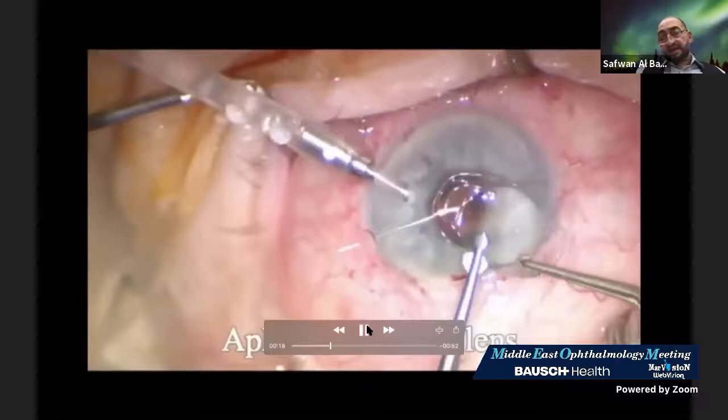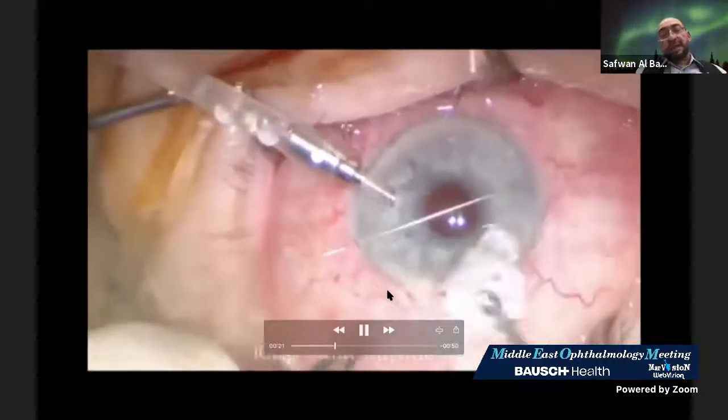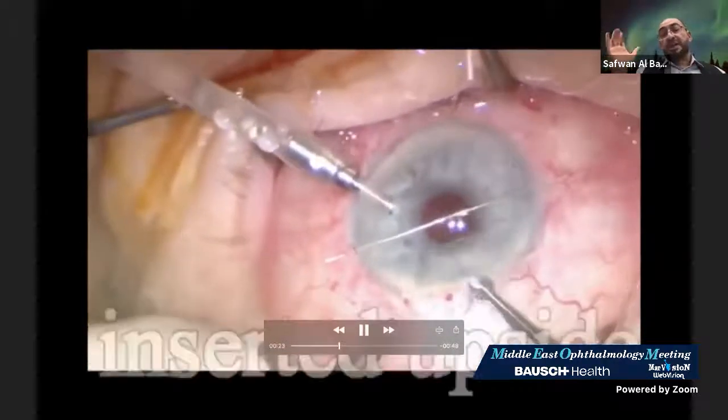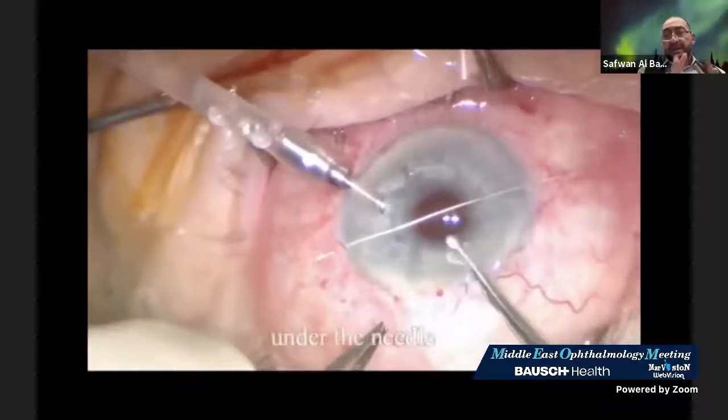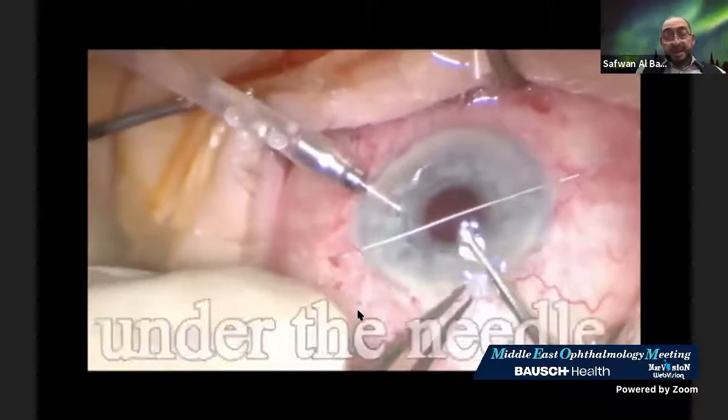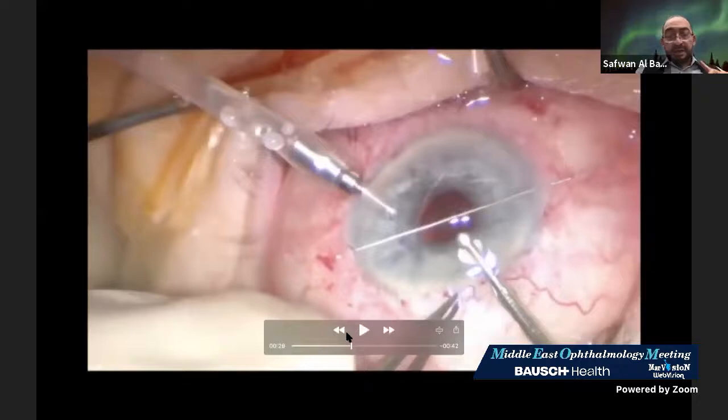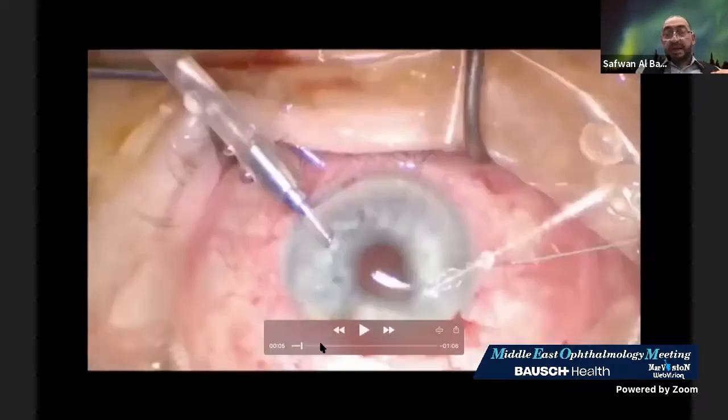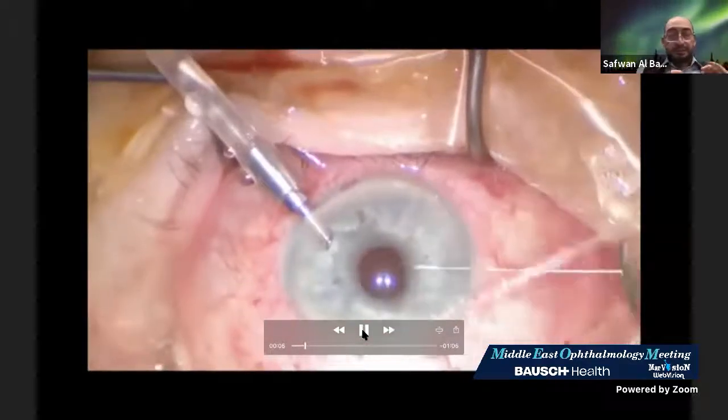Anyway, this is an Artisan movie from one of my colleagues. I'm not interested in any product related to the Artisan, but the technique here is very interesting. He starts with a needle, which I did before but I'm not doing anymore. He puts it in the center, at 3 and 9.